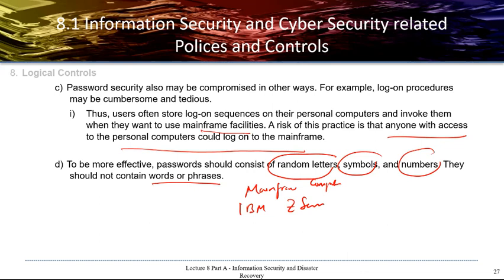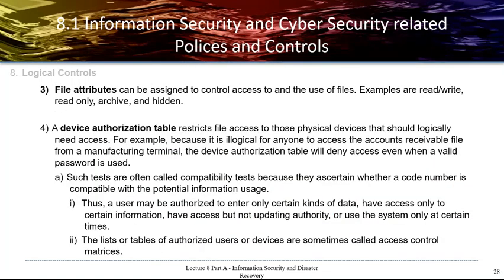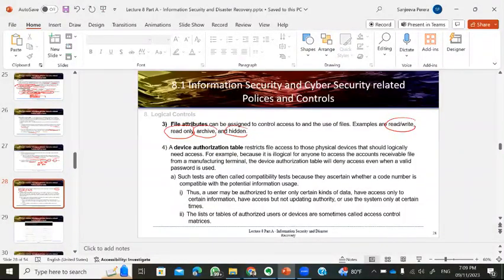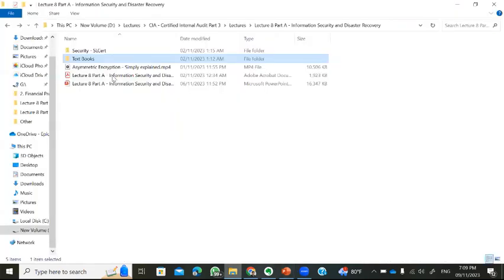Also, file attributes can be assigned to control access to and the use of files. For example, what are the right controls? You have given read-write controls or read-only access, or whether the user can archive it or it is hidden. So for any file on a server, you can give file attributes. If you look at even any presentation, let me see what access I have given.